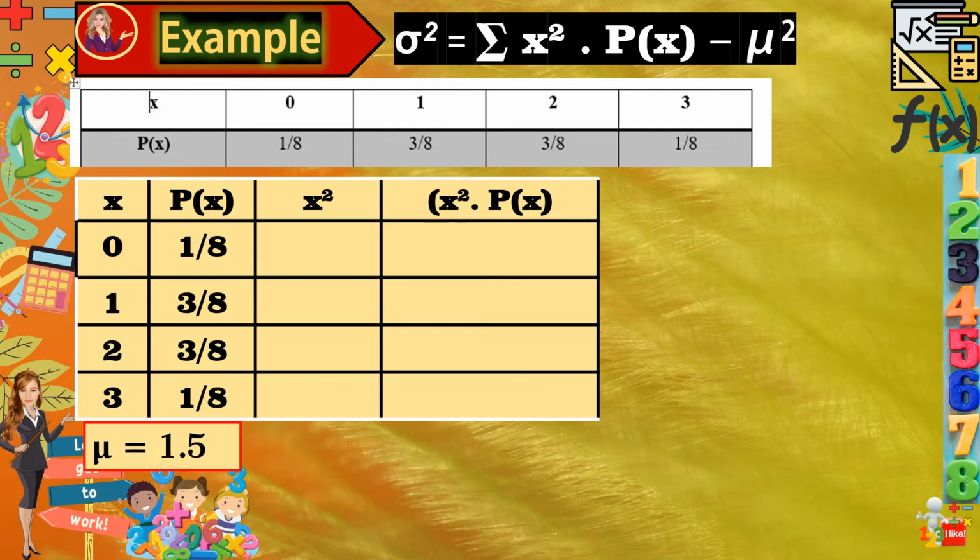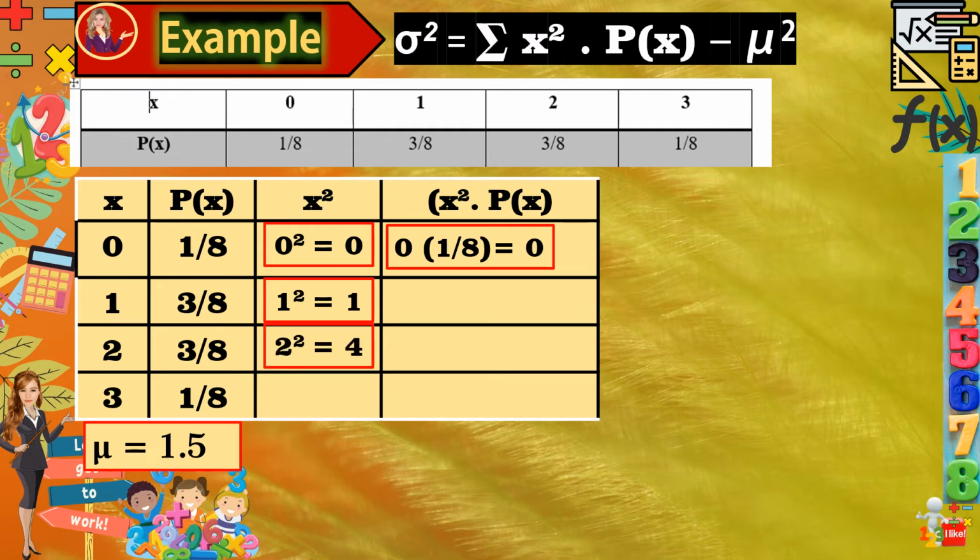Then for the third column, we need to square your x. So 0 multiplied by 0 is 0. 1 multiplied by 1 is 1. Then we have 2 multiplied by 2, that is 4. Then you need to get the square of 3, and that is 9. After that, the result given, multiply it by your p of x.